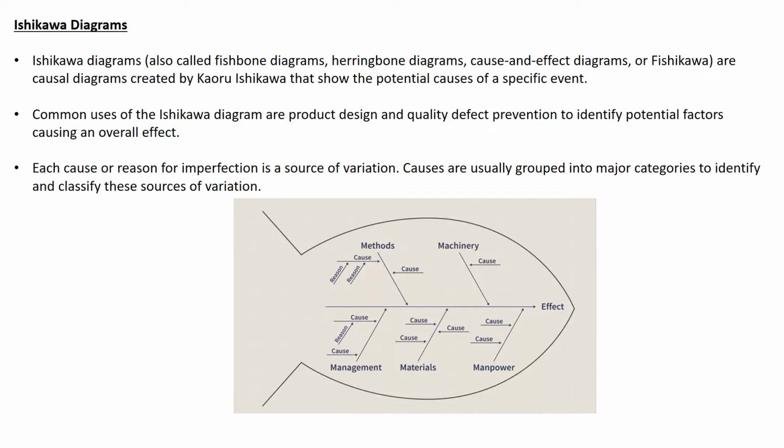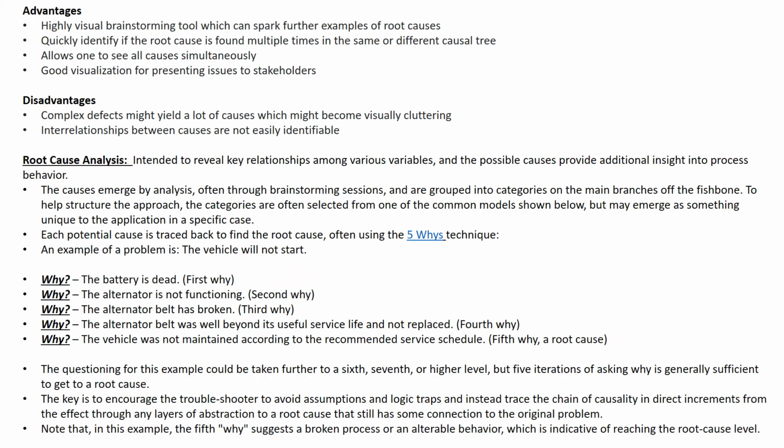That goes back to management. Materials. Perhaps we got the wrong material. Suppose things are rusting out too early. We should be using steel, which doesn't rust, rather than iron. And then ultimately management, which manages all this. Now, what this allows us to do is brainstorm what the problems are and where to explore further.